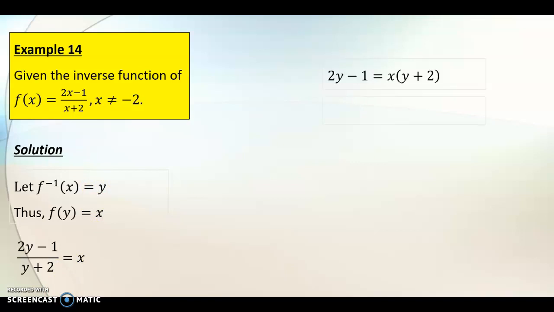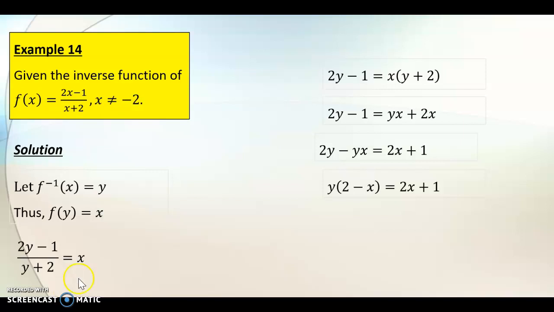Next is just simplifying this equation, which is cross multiplication. Then we move all y terms to one side, which is 2y minus 1 is equal to yx plus 2x; we expand the brackets, and after that we move the same term of y.